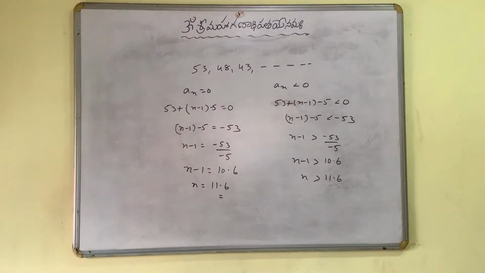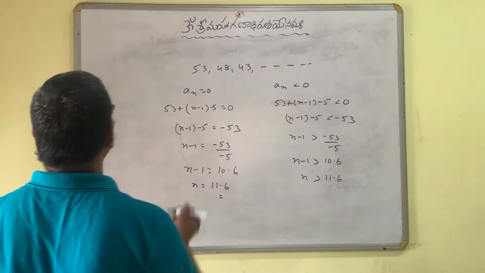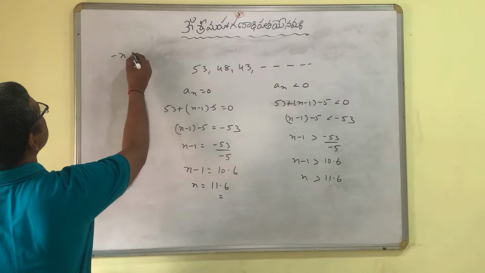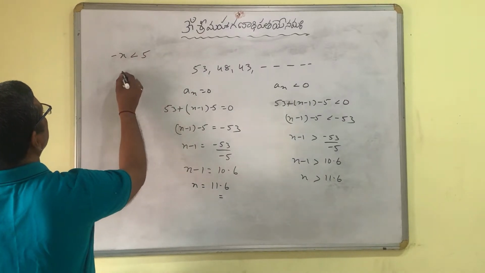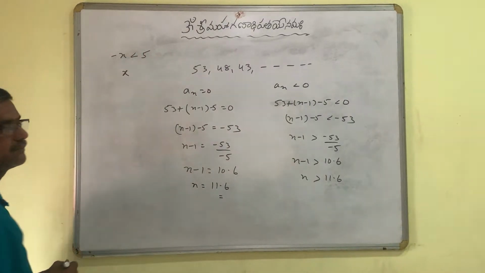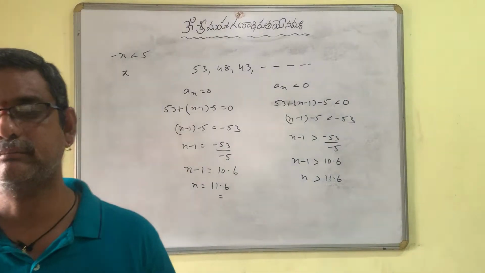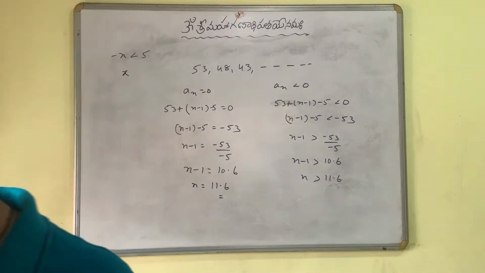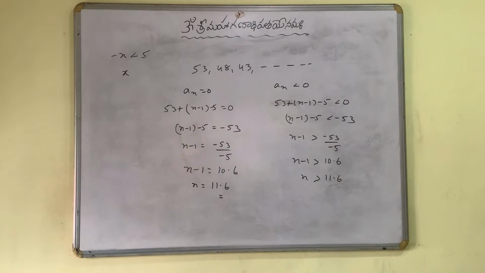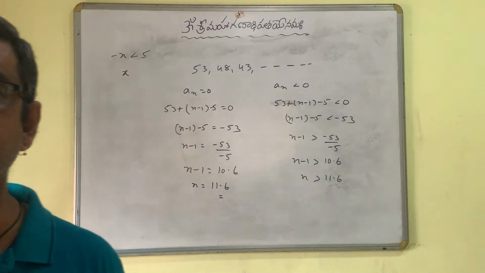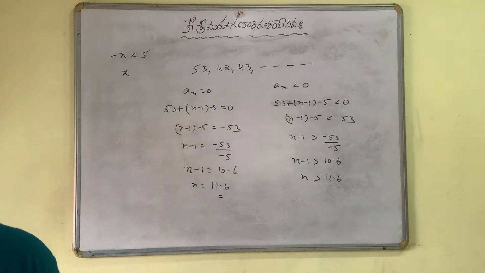Okay, you are saying you don't understand, so negative x less than 5. Can anyone say what is x? Negative of x is less than 5, then what about x? Ritvik, think correctly.